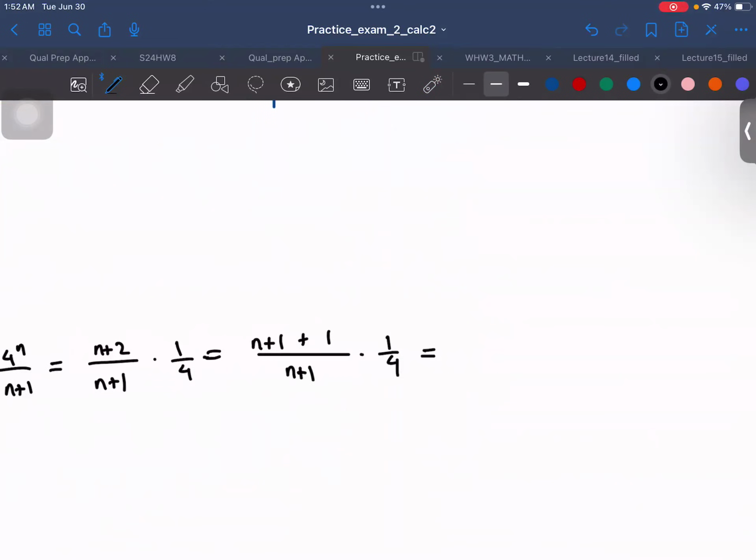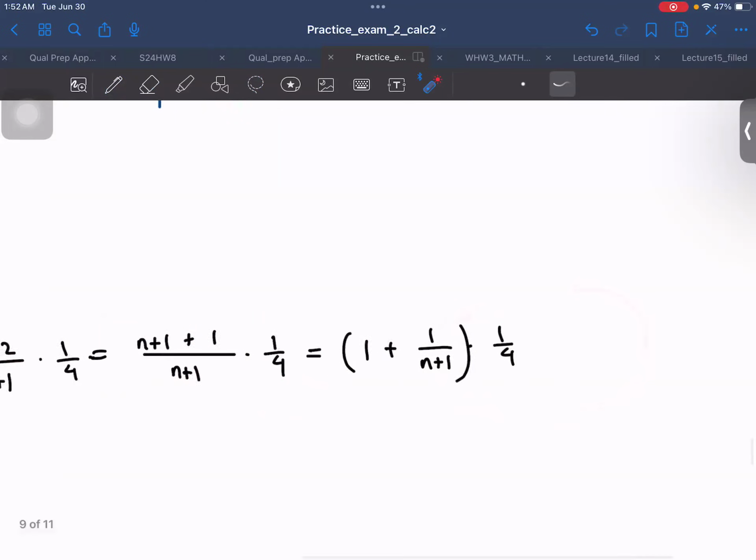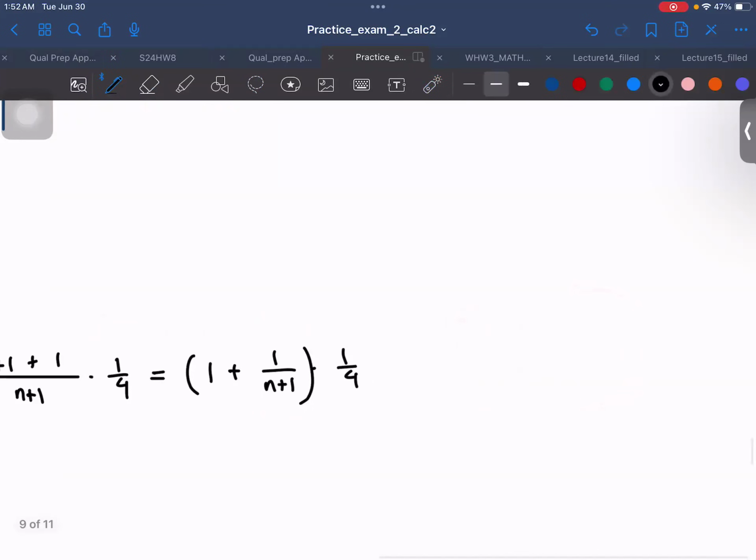Therefore, I have 1 plus 1 over (n plus 1), times 1 over 4. Firstly, I have n plus 2, so I rewrite n plus 2 as n plus 1 plus 1, and I split the fraction. So (n plus 1) divided by (n plus 1) gives me 1, and I have 1 over (n plus 1) over here. So I have 1 plus 1 over (n plus 1), all times 1 over 4.